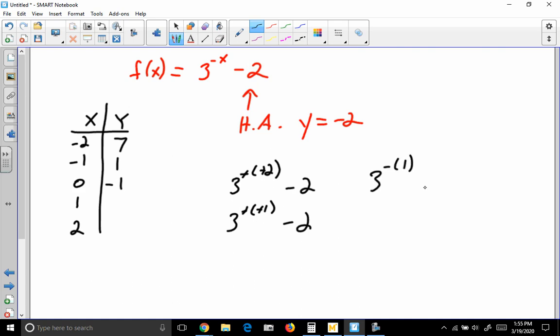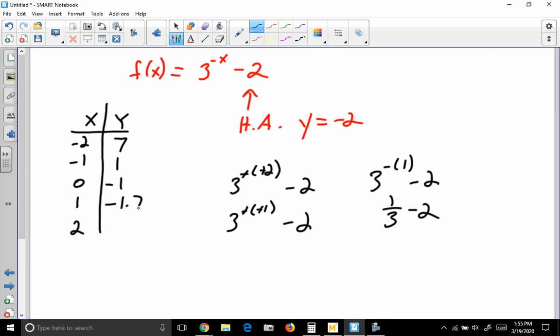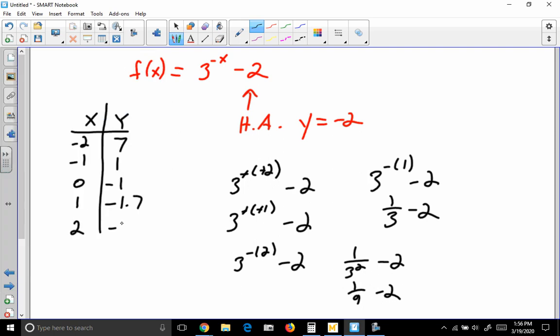If we put a 1 in, 3 to the negative 1, that's 1/3 minus 2, which if we do 1/3 minus 2 in our calculator, we get about negative 1.7. If we put a 2 in, we have 3 to the negative 2, so that's 1/3 squared, or 1/9 minus 2. So that gives us about negative 1.9.